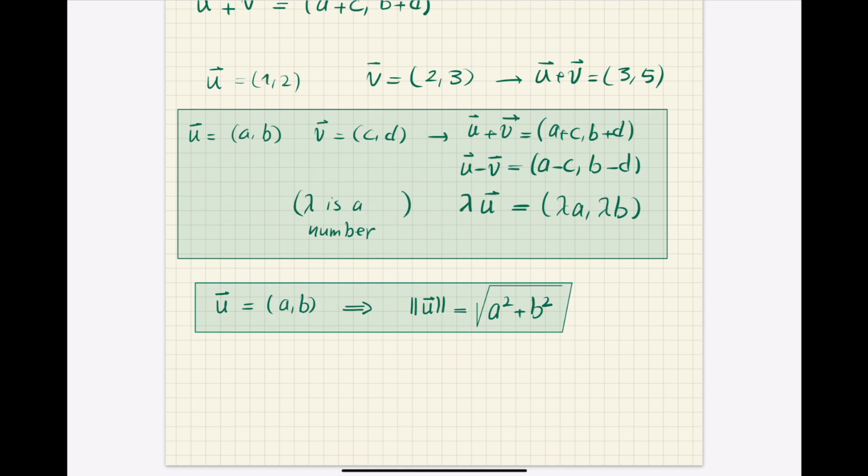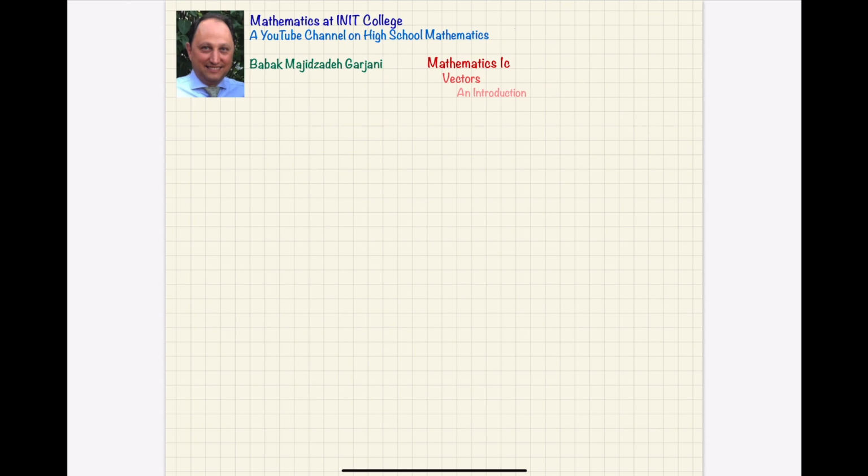Yes? Is that clear? Now let me give you an example here. This example is important, okay? So I would say, consider vectors u with components -1 and 3 and v with components 2 and -5.